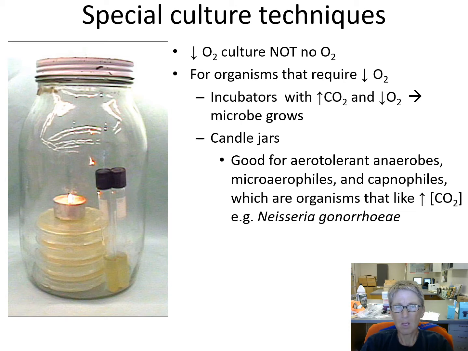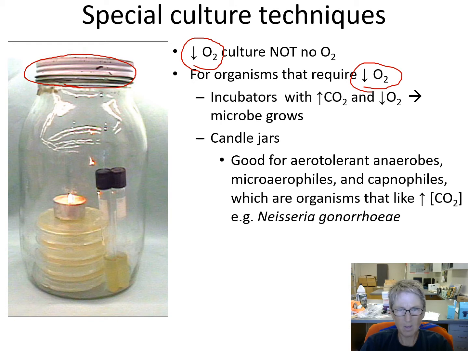If you want to grow certain microbes that don't like a lot of molecular oxygen, so low molecular oxygen, not no oxygen, you can make these kind of, they seem like you could just make these pretty easy. It's an incubator.